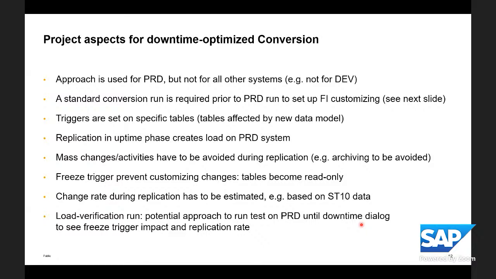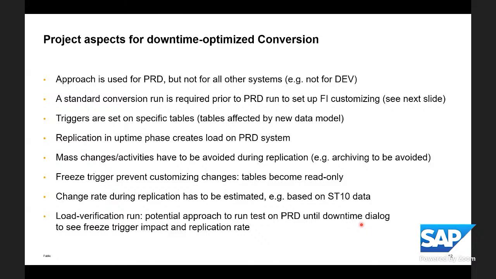And then you can reset the procedure so that the SUM procedure will restore everything. The system will, of course, continue to run. There's no impact. And then 1 or 2 or 4 weeks later, you start the actual downtime optimized conversion run on the productive system where you execute the downtime.